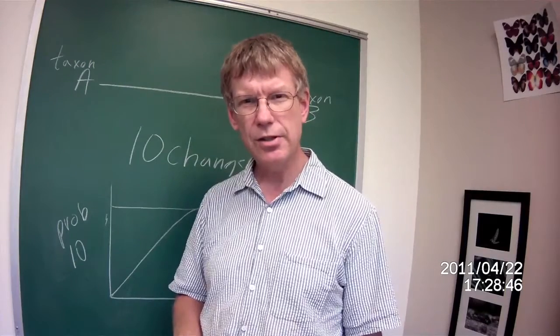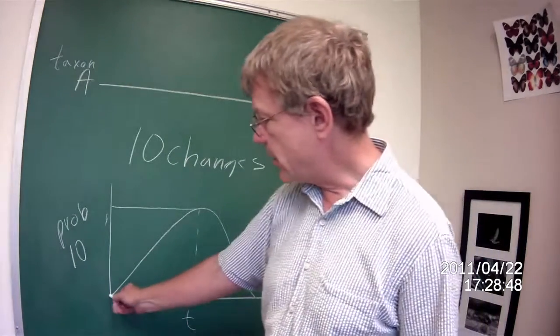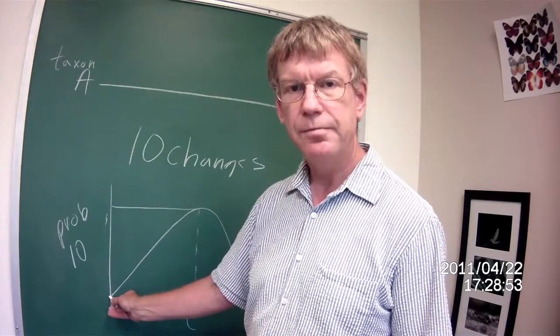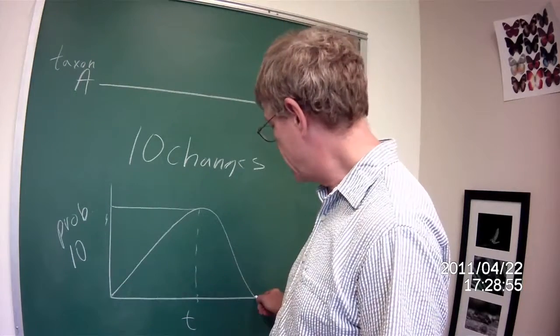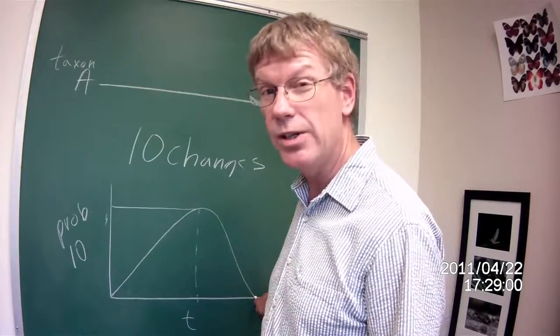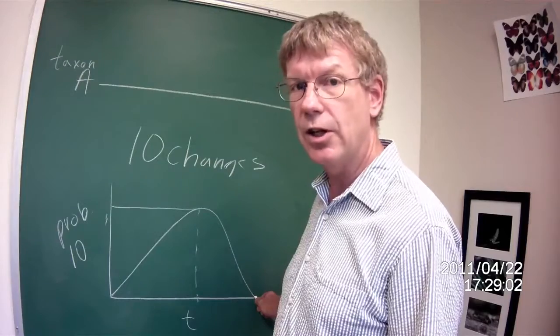Does that make sense? Just like at time 0, the probability of observing 10 changes is 0. At a very long time, the probability of observing 10 and only 10 changes is also very low.